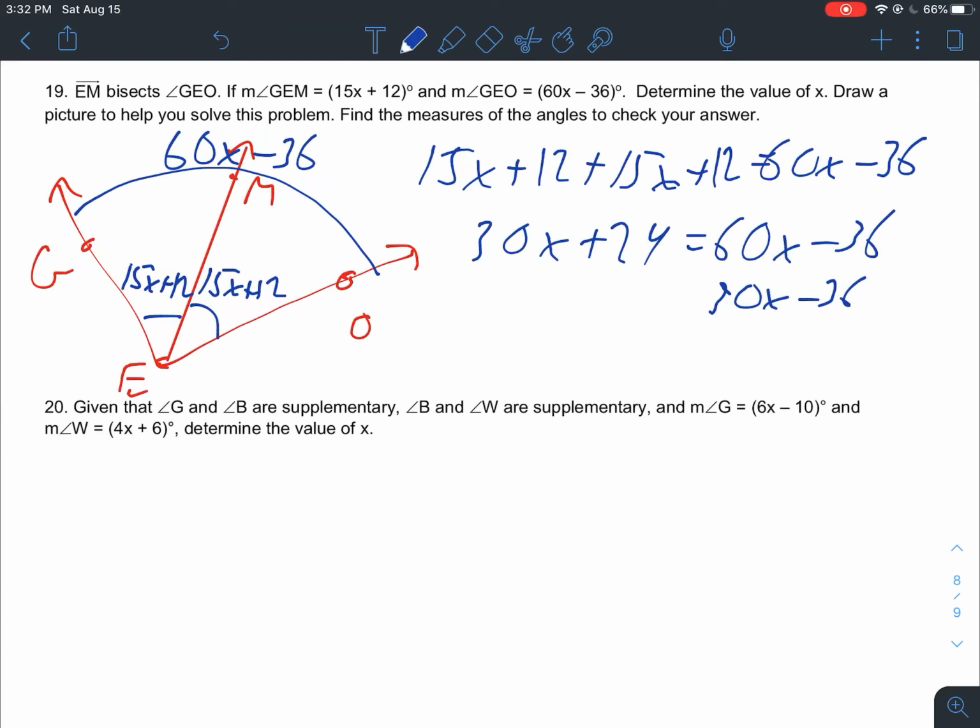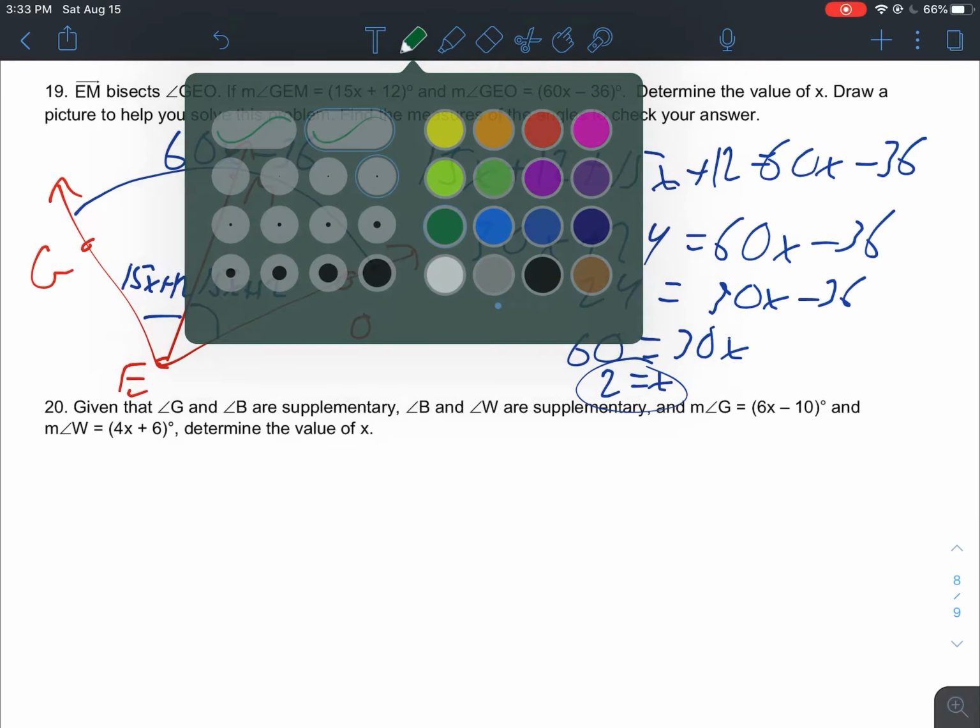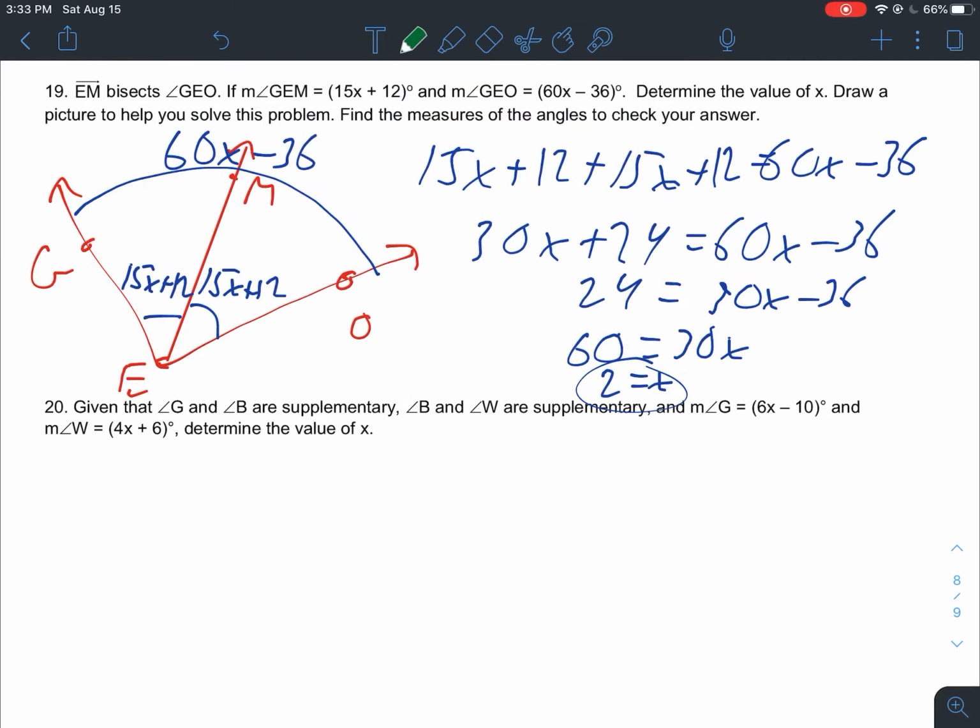Subtract 30x from both sides. Add 36 to both sides. And divide by 30. We get x equals 2. Once again, we can substitute that in to check our answers here. So putting 2 in here, we get 42, 42, and 84, which is 42 plus 42 is 84, so that works out well.